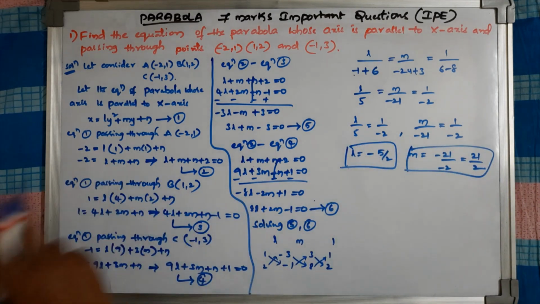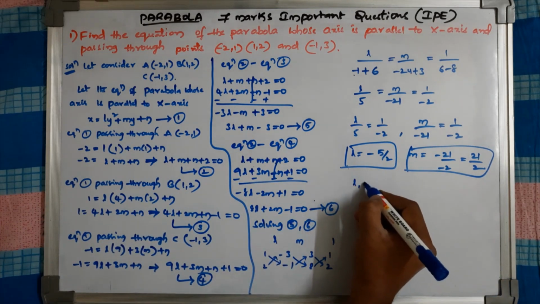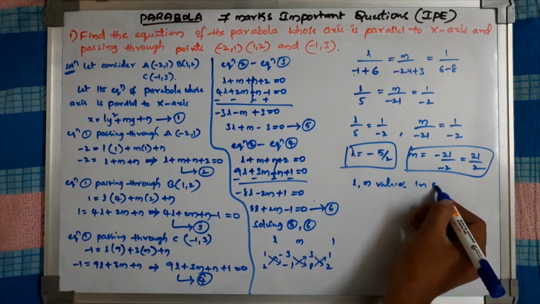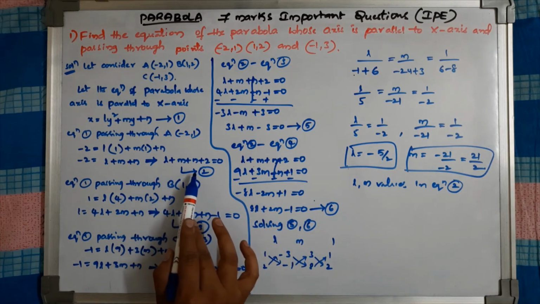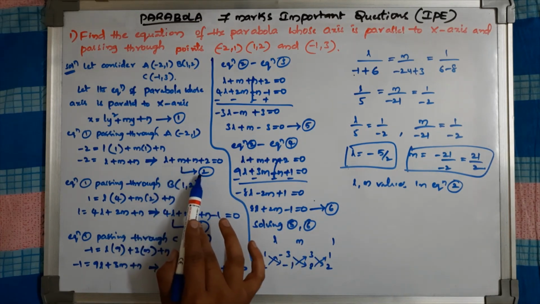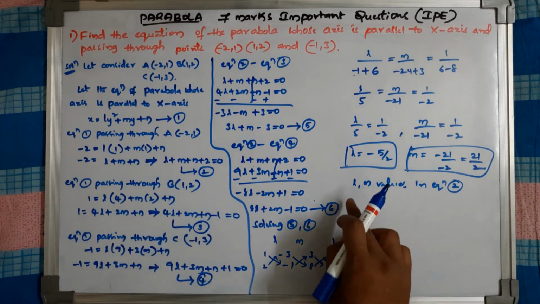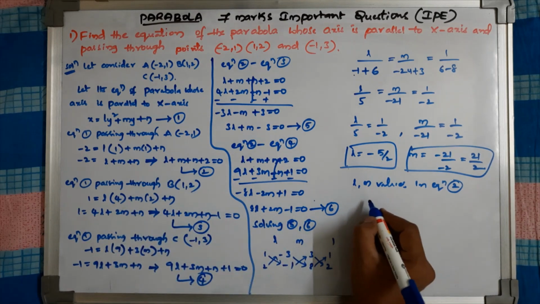We have to get n value, so substitute L, m values in equation number 2. If we put the values of L and m in equation 2, we get n value.